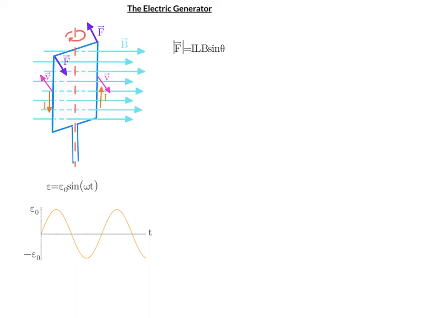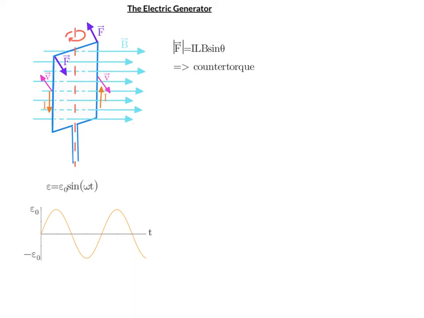So what we're noticing here is that as the loop is rotating in this direction, there is this pair of forces that's retarding that motion. It wants it to go in the opposite direction. So we call that counter torque. So whenever we try to produce current by providing some sort of energy to this loop to turn it, while it's producing current, while it's sending current through these wires here, it's also experiencing this counter torque.